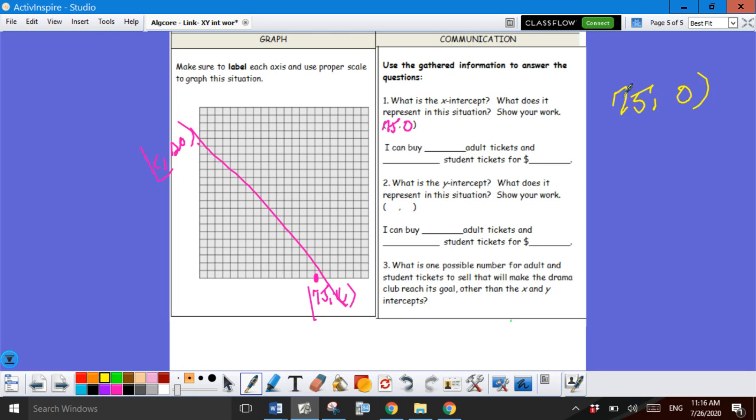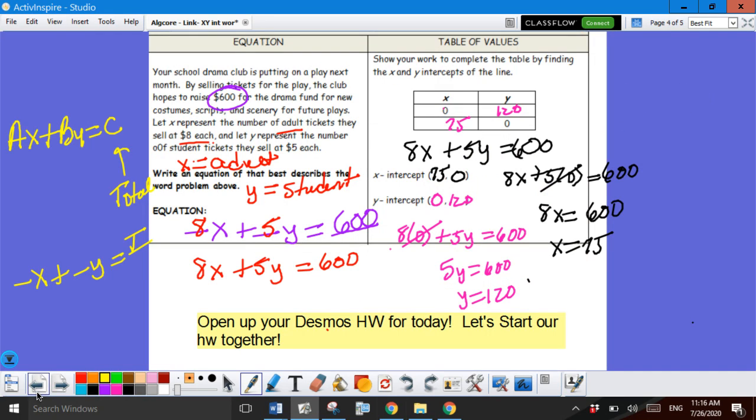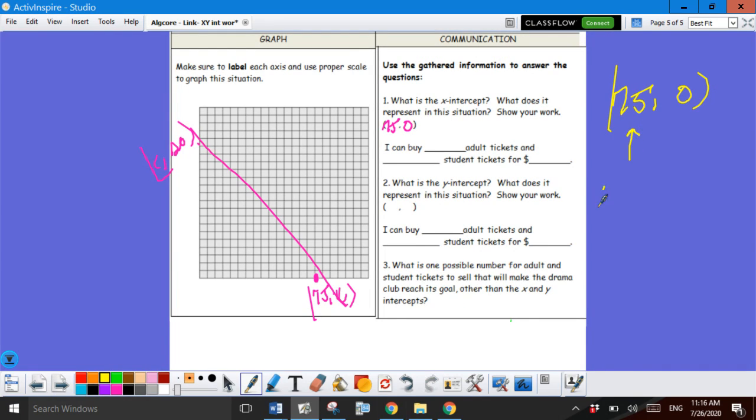75, 0. Well, what was x again? If we flip back here, we said x was adult tickets. So this is adult, and this is student. What does that point mean? What did I actually sell?